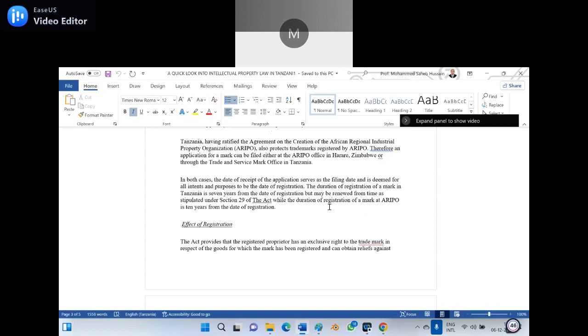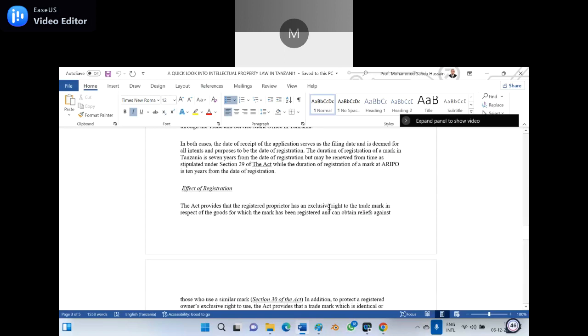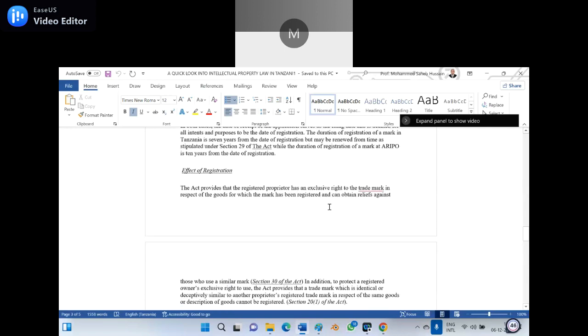So, as far as the effect of registration is concerned, it will be protected. The creator of the product should not have his product exploited without paying any cost to the creator.